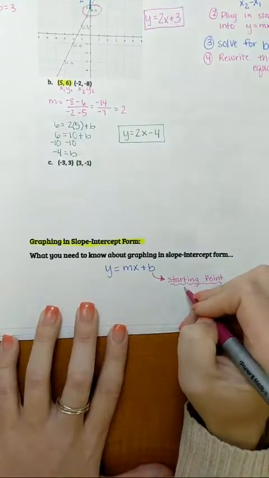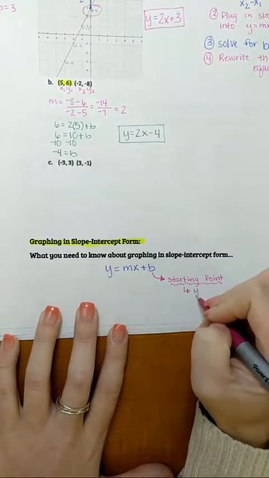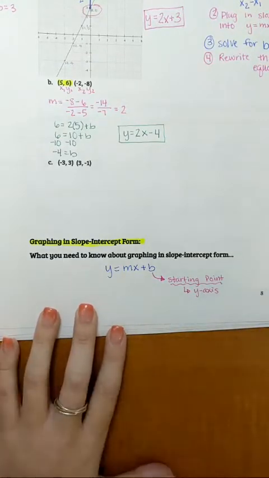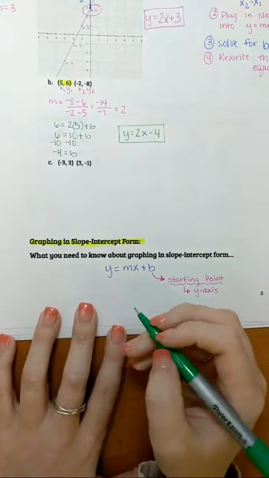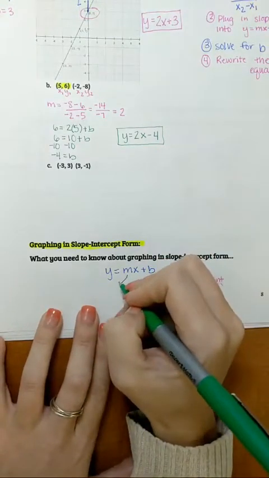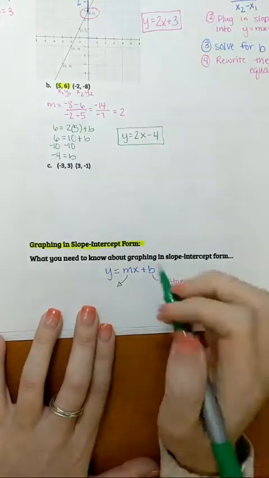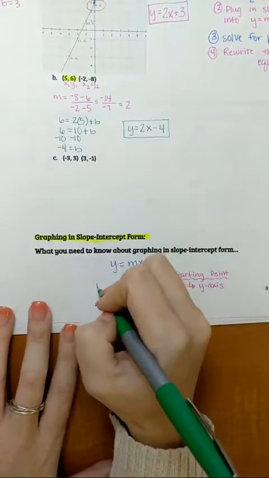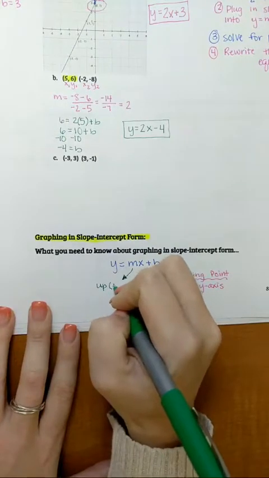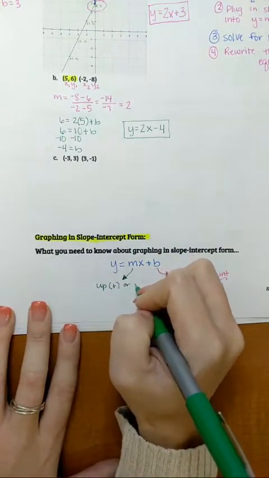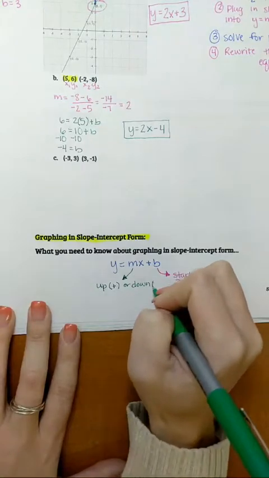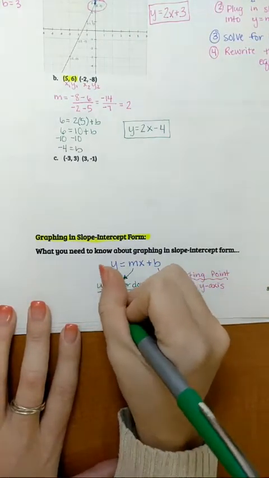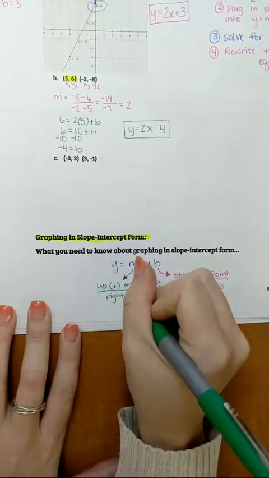And this is, you are going to start on your y-axis. And then your m is then from your starting point, where you're going to either go up if it's positive, or down if it's negative, and then you are always going to go to the right.